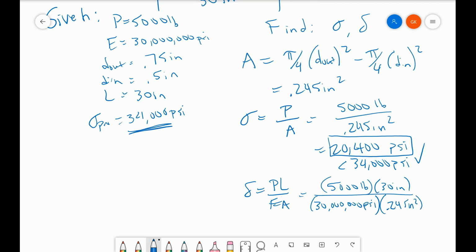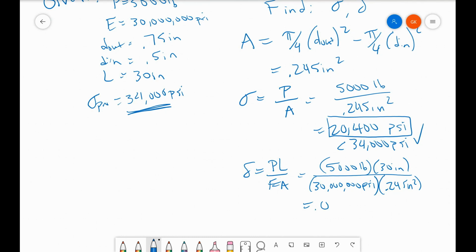And if we plug all that in and hopefully did it all right, that should come out to be 0.0204 inches. And with that, we have our answer. This is the total elongation, and this is our stress right here. So we got the answer.